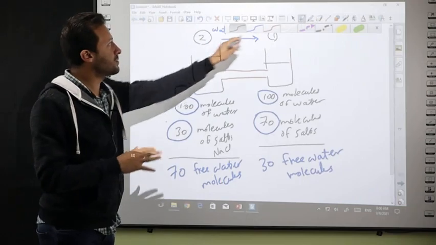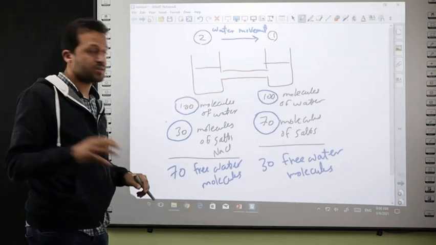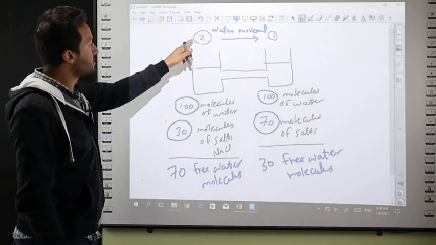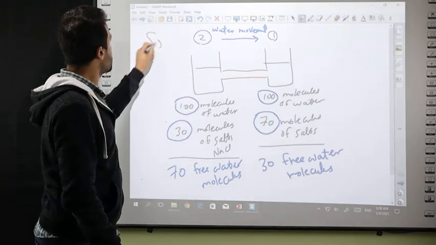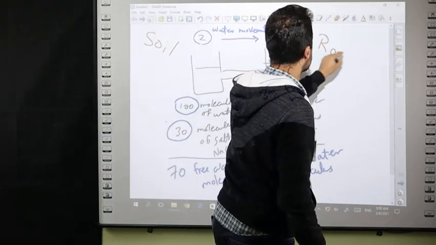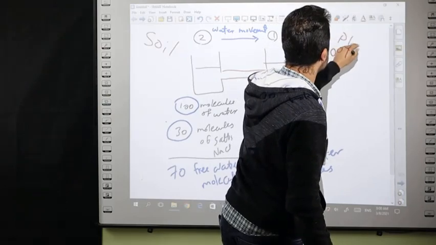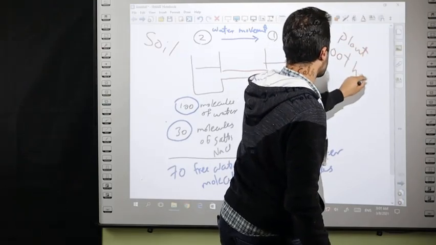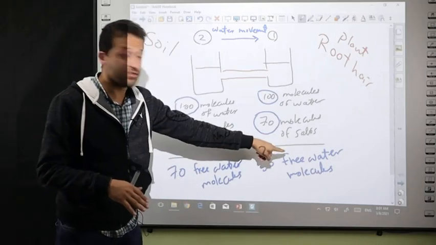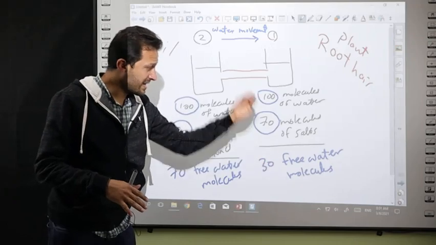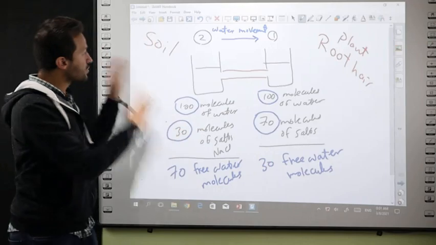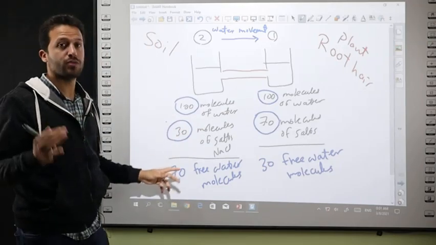Okay? Let's apply this example to the root hair and soil. If we consider that cup number 2 is the soil and cup number 1 is the plant root hair, then the root hair of the plant contains a low concentration of water, a small amount of water, while soil contains a large amount of water.